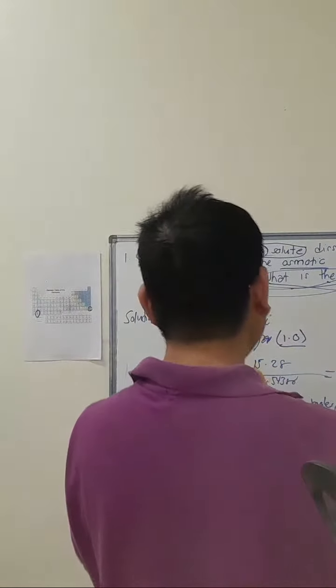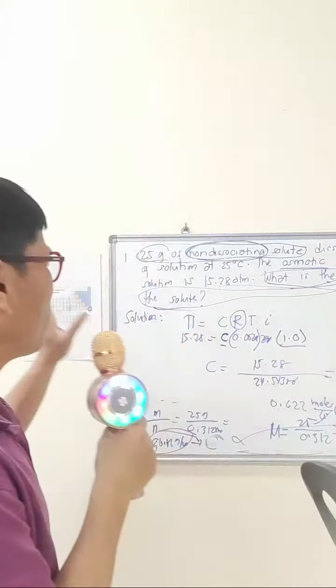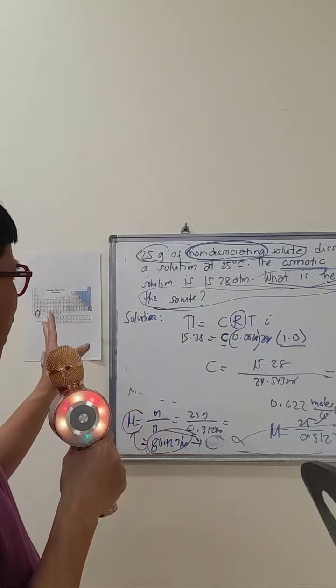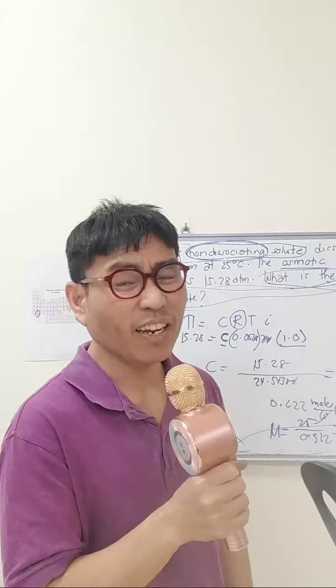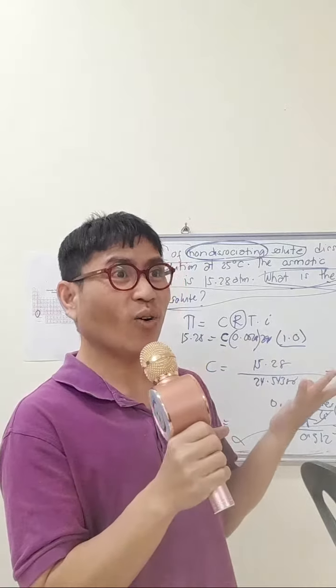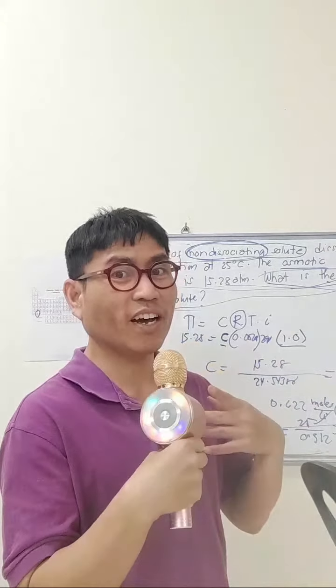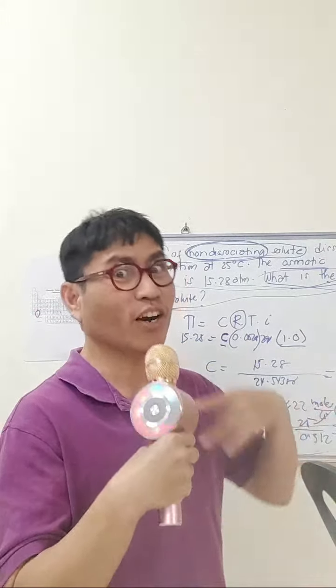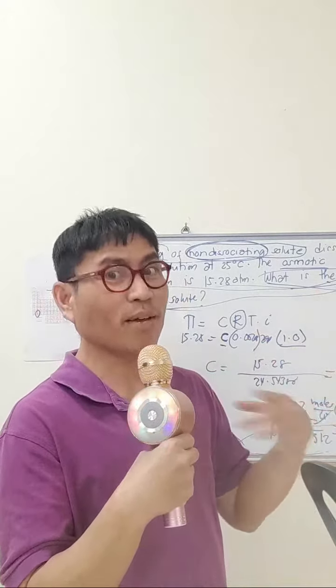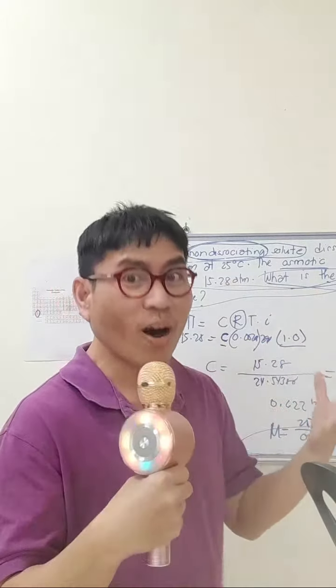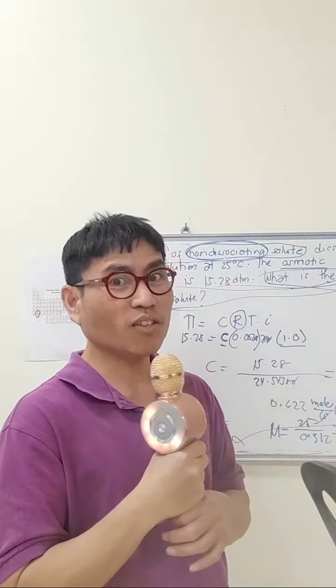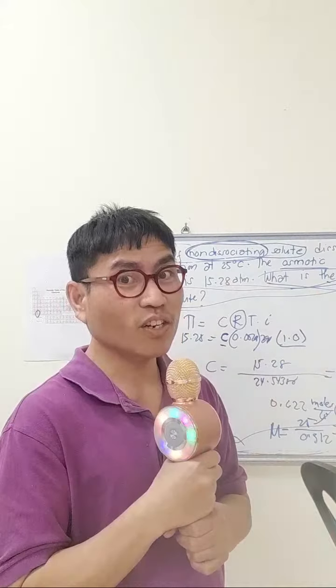So, if the problem will have this, it's the first time for me, really. I'm already a chemical engineer and I already graduated in chemical engineering. But now I know that for a non-dissociating solute, the i value factor is just equal to 1.